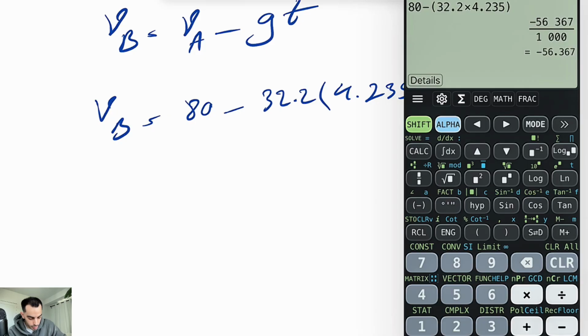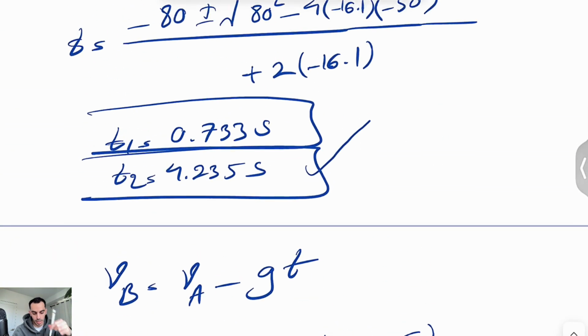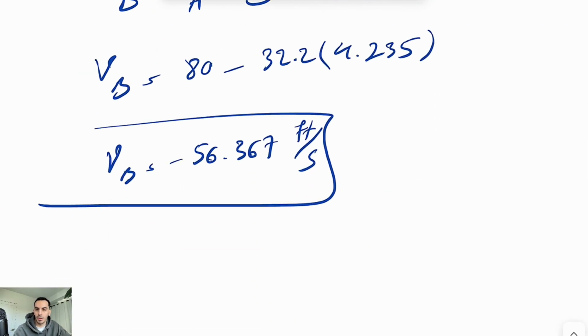The velocity at this point is going to be negative 56.367 foot per second, and the negative sign shows that the direction of the velocity is downward. That's going to be the final answer for this question.